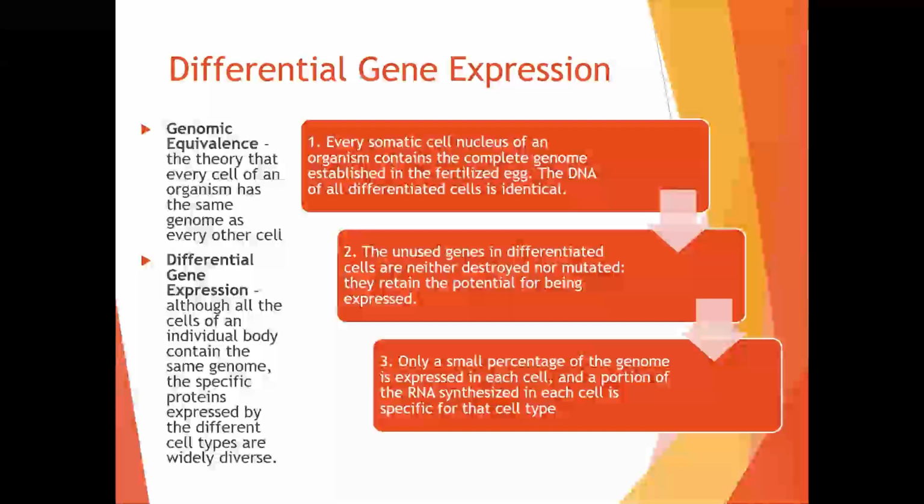So every somatic cell, or body cell, a non-reproductive cell nucleus of an organism, contains a complete genome, or the whole DNA code that is established in the fertilized egg. The DNA of all differentiated cells is identical. So if you've ever seen the sequencing kits, things like 23andMe, where you spit in a cup and then you get to see your whole genome, it doesn't matter what cell we take the DNA from.